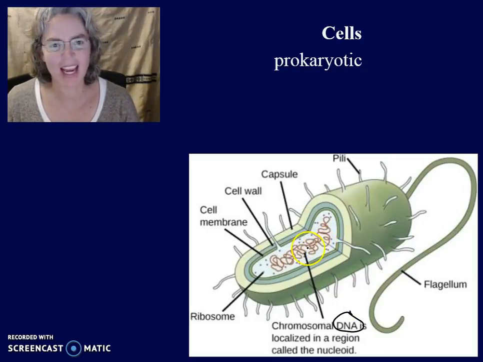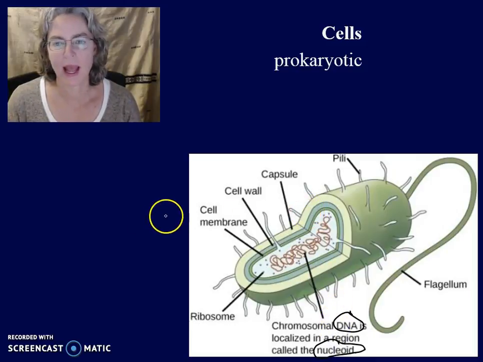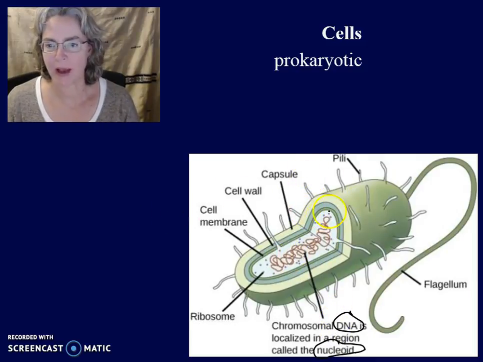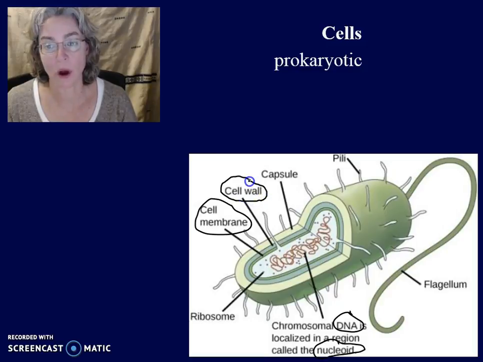It just hangs out in a region called a nucleoid. And let's see, what else do we have? It has a cell membrane. All cells have a cell membrane. It has a cell wall. Not all cells have cell walls, but bacteria and archaea have cell walls.